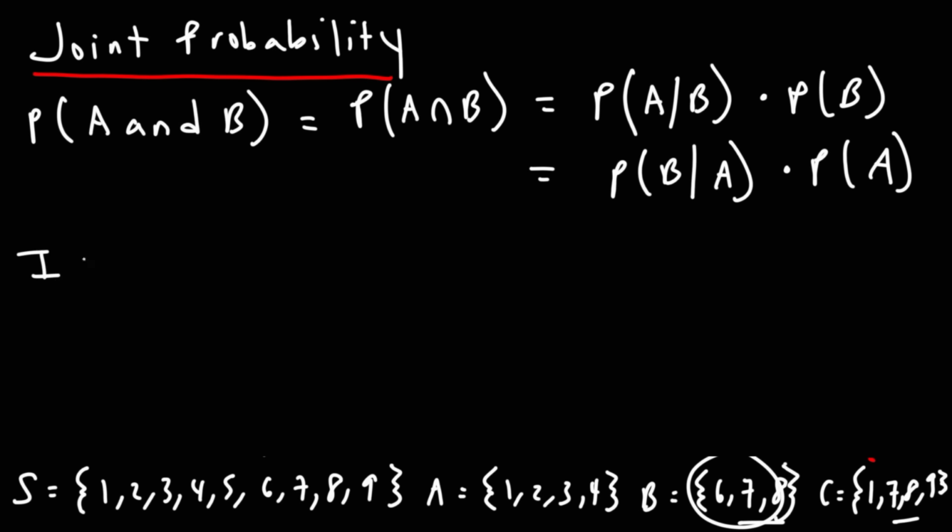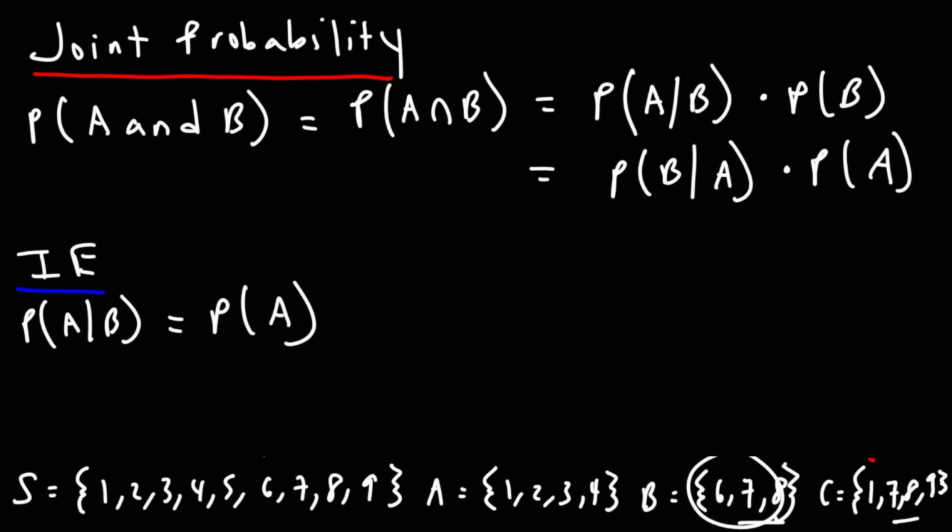Now, for independent events, these are events that do not depend on each other, the probability of A given B is equal to the probability that event A will occur. Now let's make sense of that.